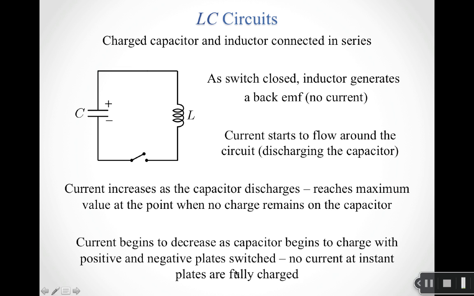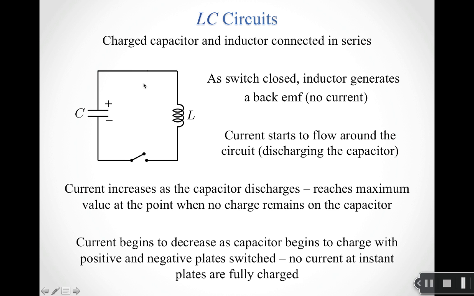So I'm going to proceed through this cycle and end up with a fully charged capacitor and no current in my circuit, which takes me right back to the initial point where the switch was closed. And so it's going to start the whole process over again, just in the reverse direction.